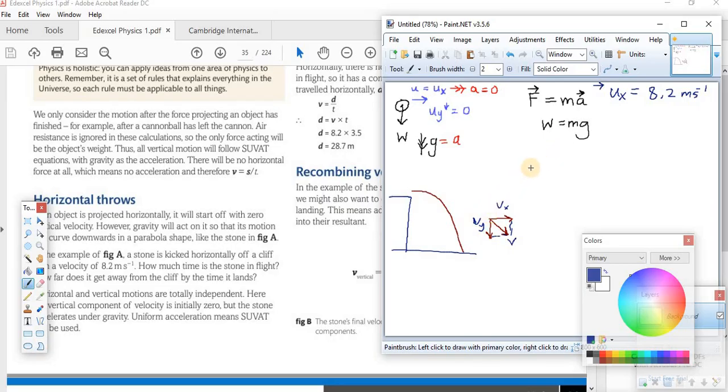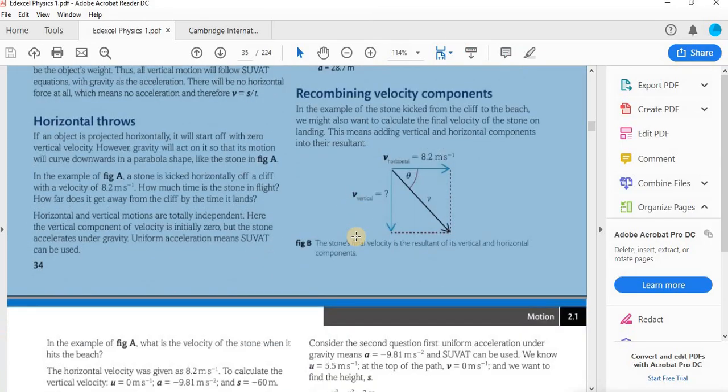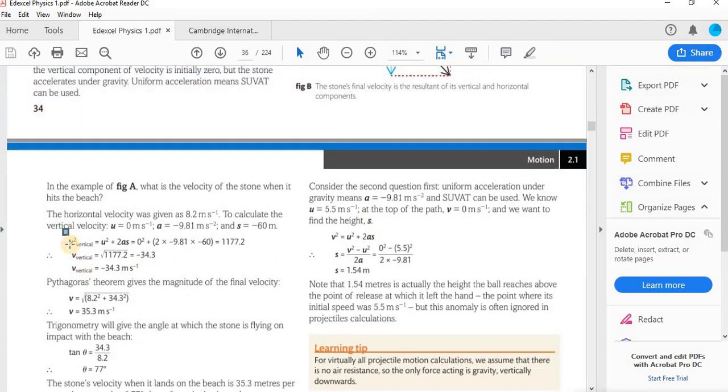Again we can use v squared equals u squared plus 2ax, because we have the initial velocity. Now this is in the vertical direction that we are doing. Again they have taken up as positive, so anything down will be negative. Initial vertical velocity is 0, so that's why this is 0. Then 2as. 2a is what? Minus 9.81, again because they took up as positive.